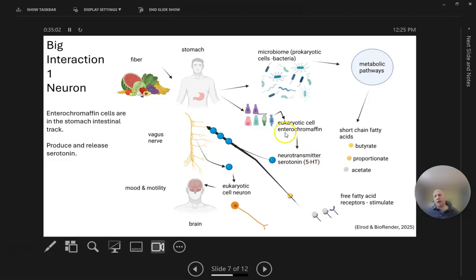Serotonin is produced by enterochromaffin cells, another eukaryotic cell. So the eukaryotic cells are communicating by neurotransmitters. The enterochromaffin cell is in the stomach, and the prokaryote is facilitating the communication by helping to open up the pathway on the vagus nerve. That's big interaction one.